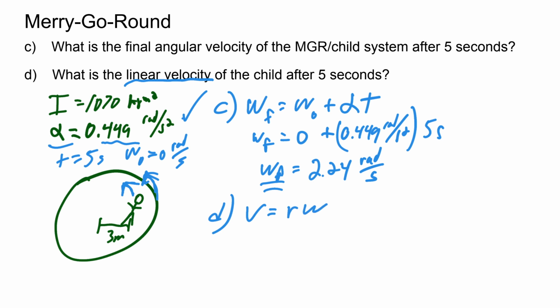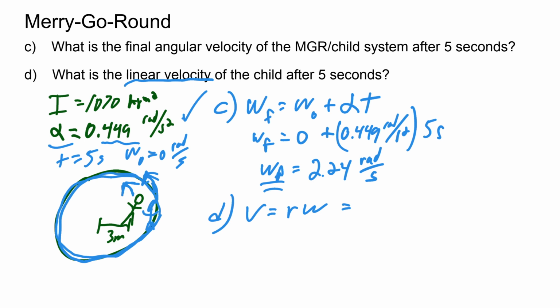Remember, the farther you are, the faster you're moving. For example, if someone else were hanging out on the edge, they'd be moving faster because they're traveling a farther distance in the same time, and therefore they must be going faster.